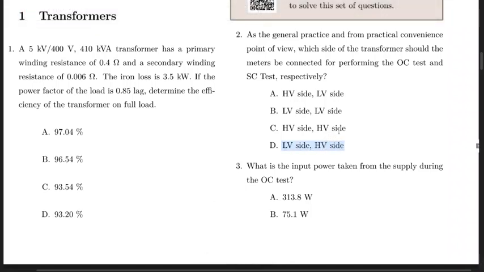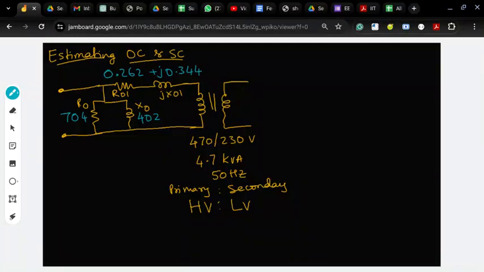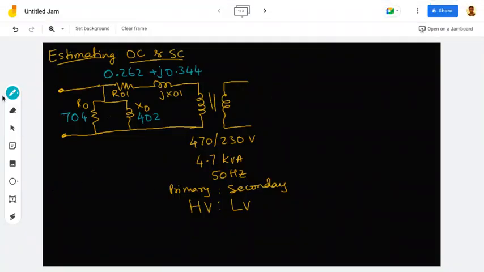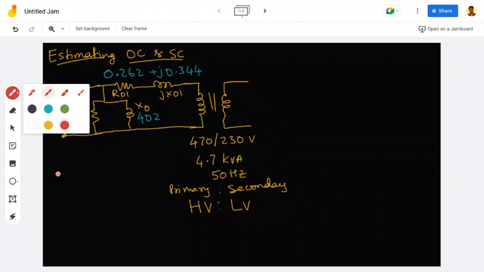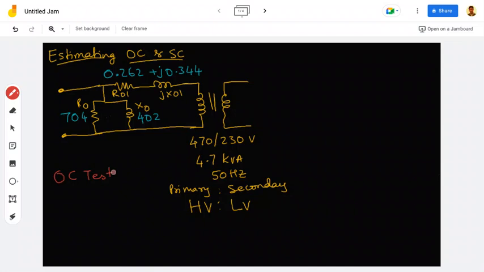Let me write down that one. OC test: meters on LV side. SC test: meters on HV side.